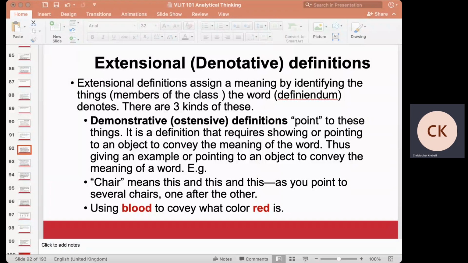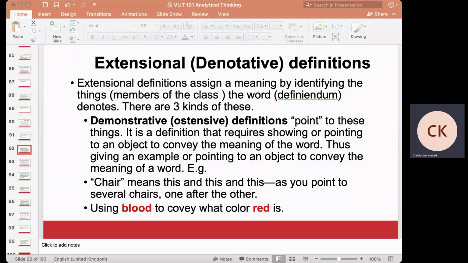So the ostensive definition points to these things. It is a definition that requires showing or pointing to an object to convey the meaning of the word. That's giving an example or pointing to an object to convey the meaning of a word.